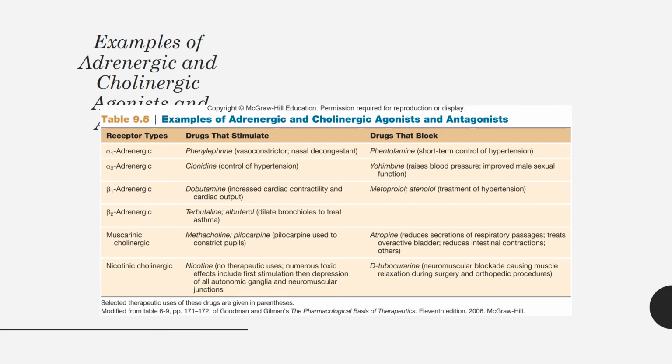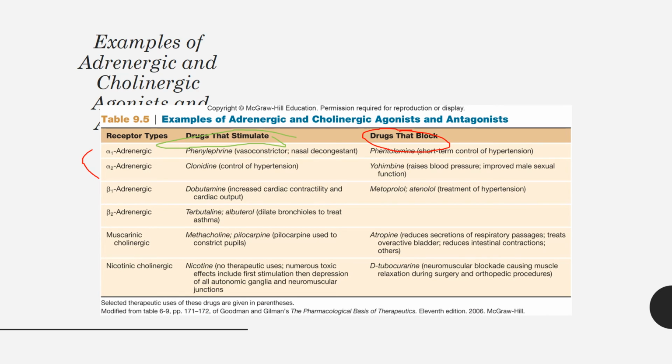And so this table here shows that drugs that stimulate represent agonists, and drugs that block would represent antagonists. And so here are examples of alpha adrenergic receptors that would have either agonist or antagonist drugs.